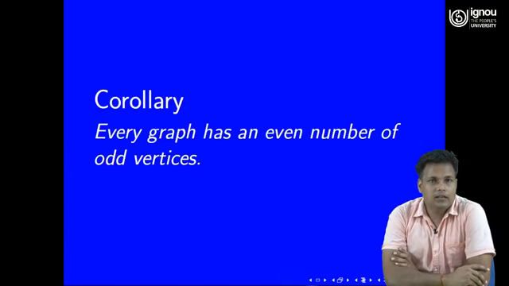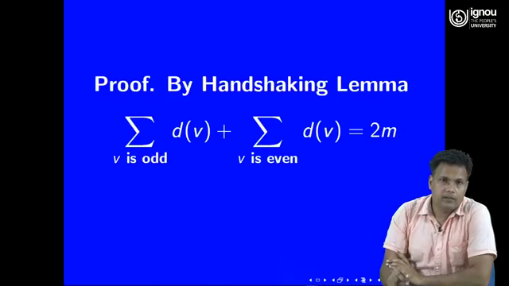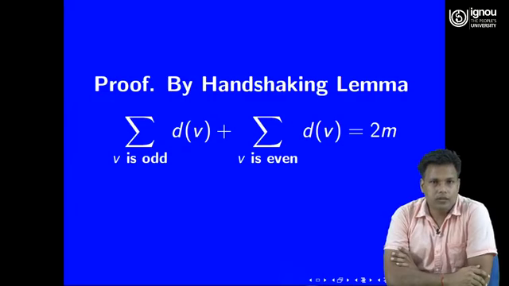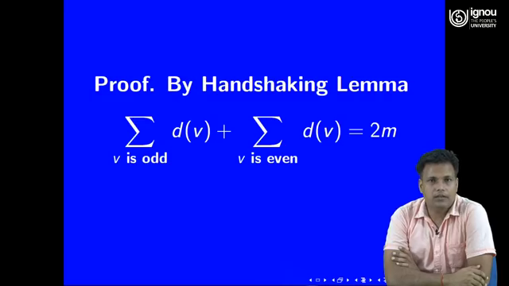It says that every graph has an even number of odd vertices. We can prove it using the handshaking lemma. Note that the degree sum can be split into 2 parts, namely over the set where v is odd and over the set where v is even.